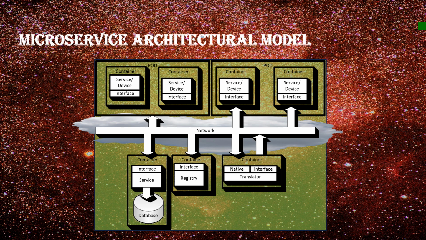You can again deal with native interfaces by providing a translator mechanism as a service put inside of a container that you interface with, so you can now start communicating in a standardized format across multiple systems following the same microservices model.